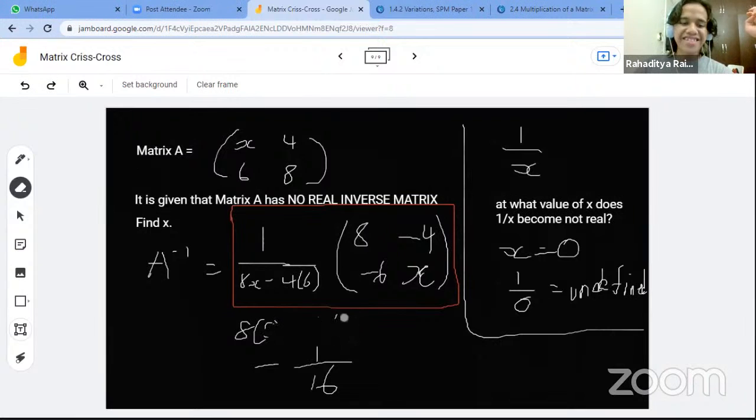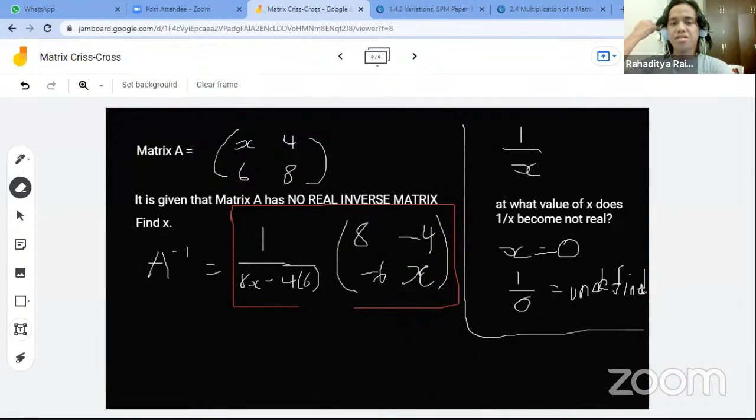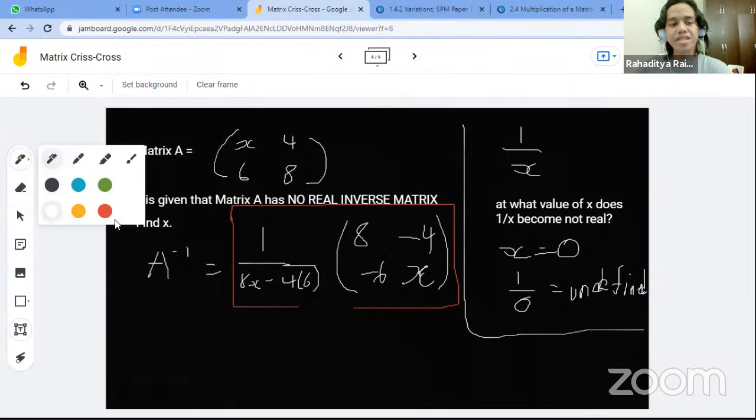So, okay, how do you make 8x minus 4, 6 to the power negative 1 not real? Can anyone tell me? I'll give it 10 seconds. Okay, so 10 seconds have passed.